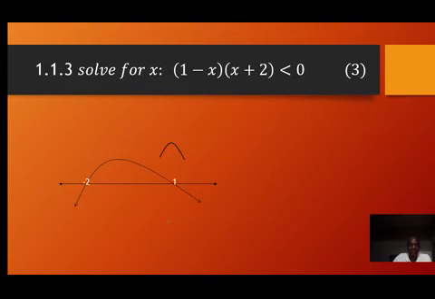We are saying solve for x, that is 1 minus x times x plus 2 less than 0.